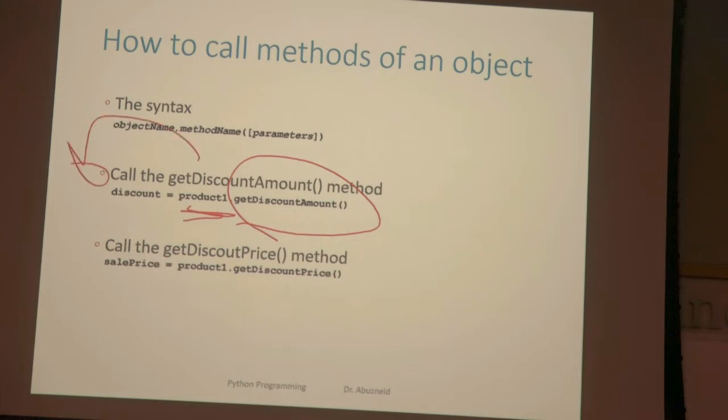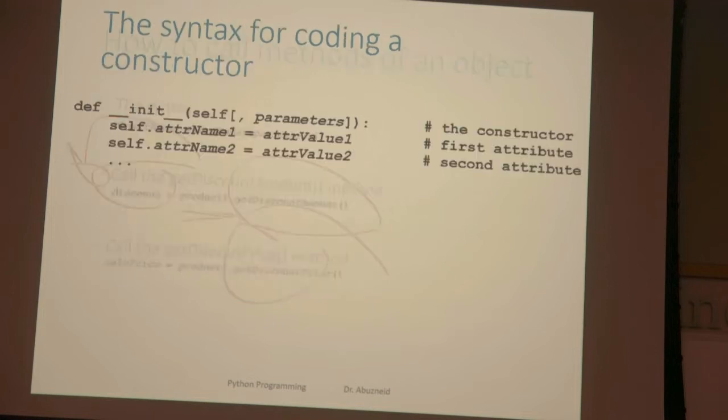So if the discount rate is, let's say, 60%, and the price is $100, how much will the discount amount be? 60% times $100 would be $60. That will be saved in discount. Then you could calculate the discount price. How do you calculate it? Price minus how much you discounted. That will be the real price.